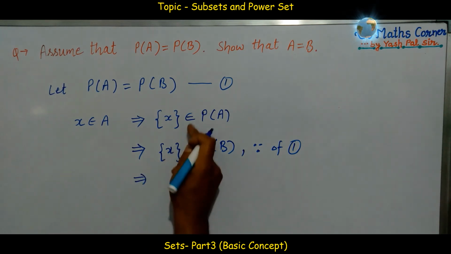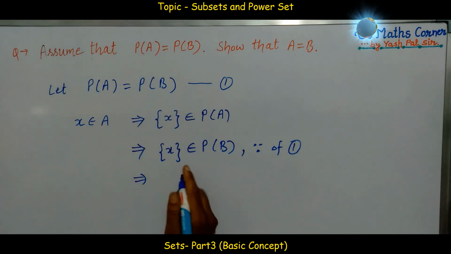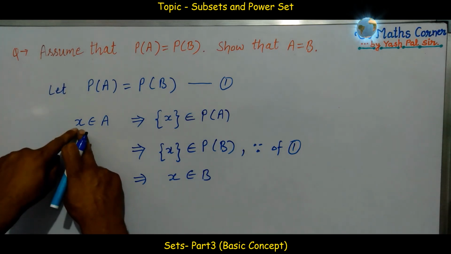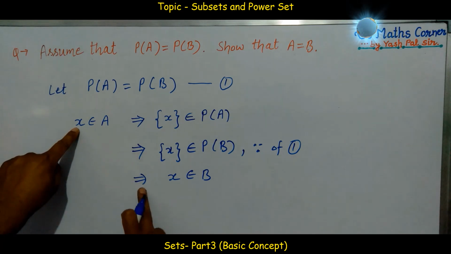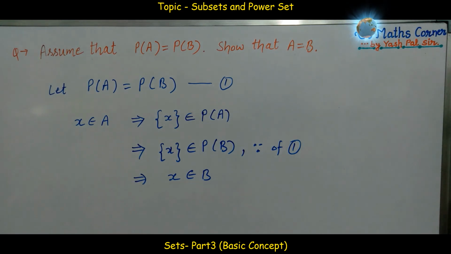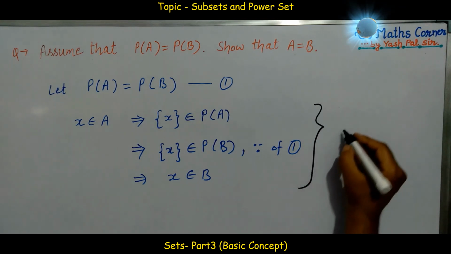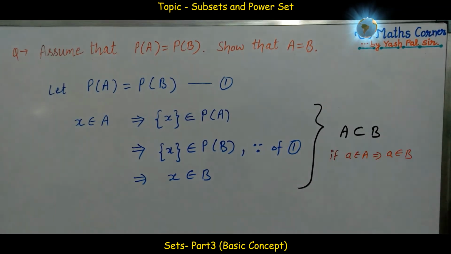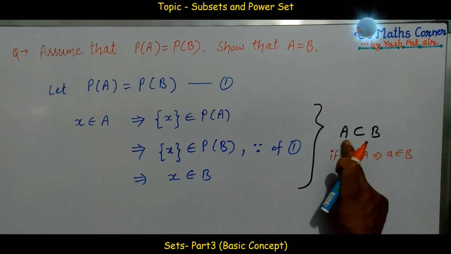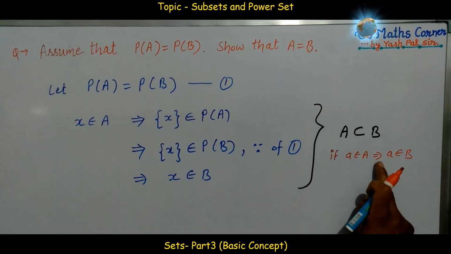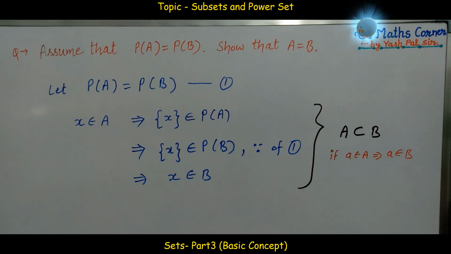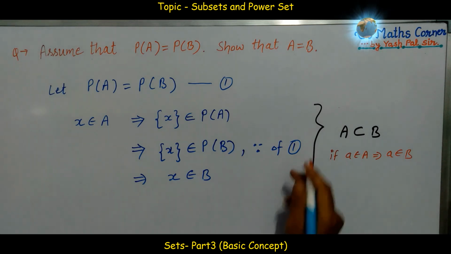Again reverse gear, what we can say is that x belongs to B. So starting from x belongs to A implies x belongs to B. So the conclusion from this is that A is a subset of B, as the very definition of A being a subset of B is, if x belongs to A implies x also belongs to B. So this is the case.